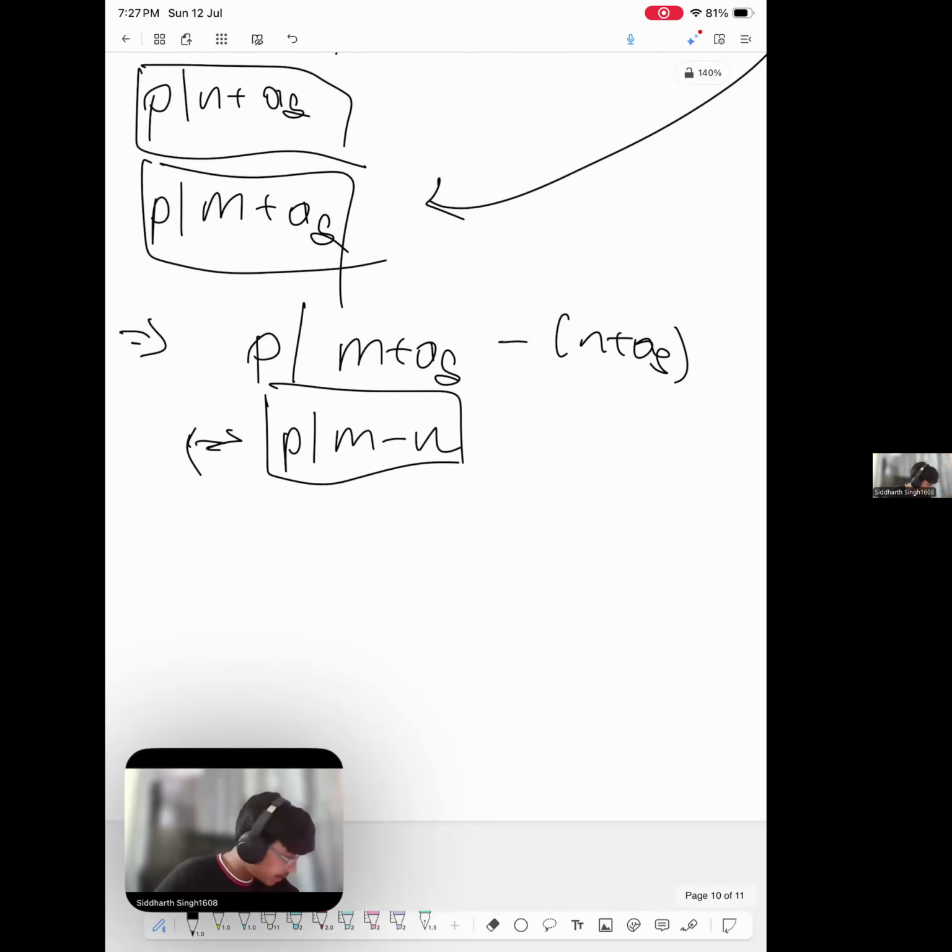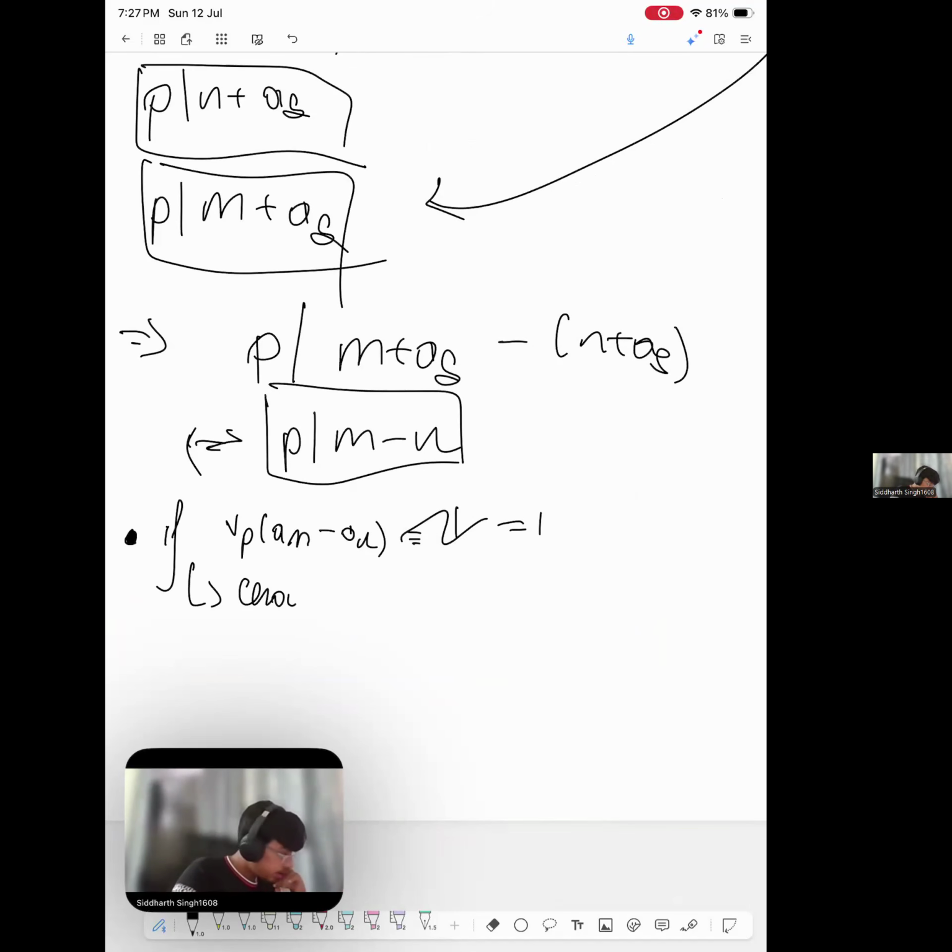But now how do you find some s? Basically, if VP of am minus an is equal to 1, we'll case bash. If VP of am minus an is equal to 1, choose s equal to p cube r minus an, where GCD of r and p is equal to 1.